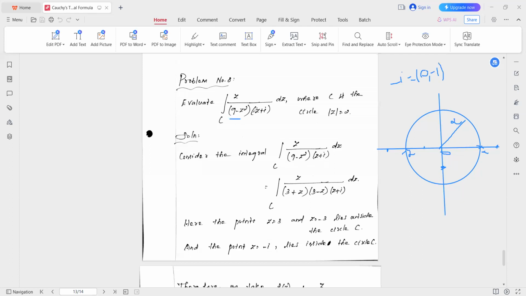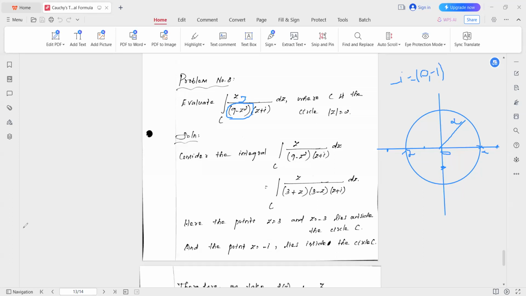So the function 9 minus z square can be taken into f of z. Since the points 3 and minus 3 lie outside the circle, I am taking 9 minus z square into the numerator part.